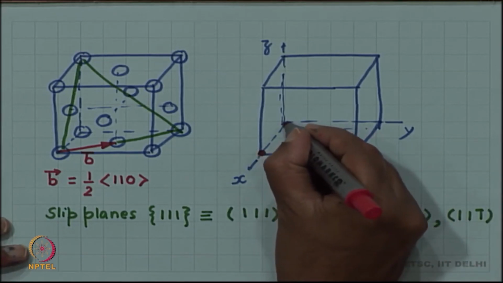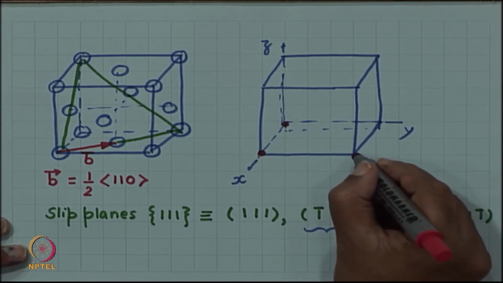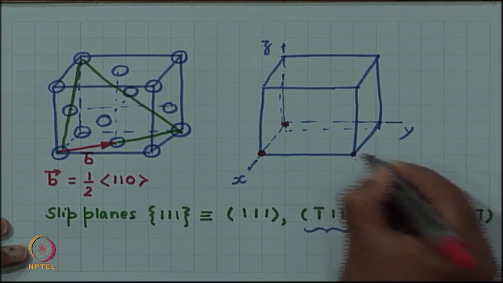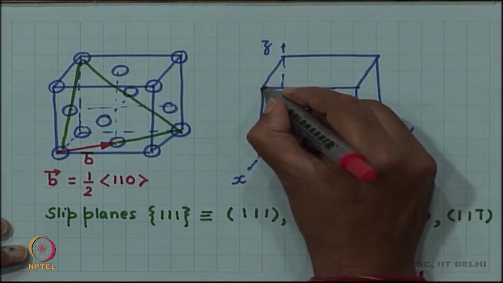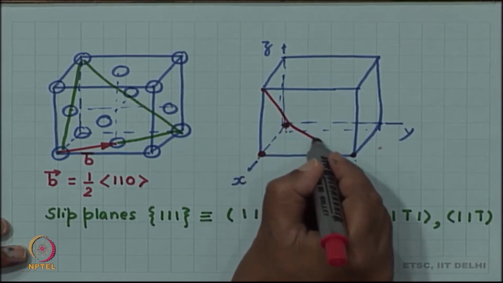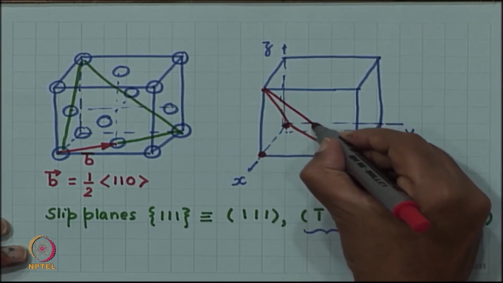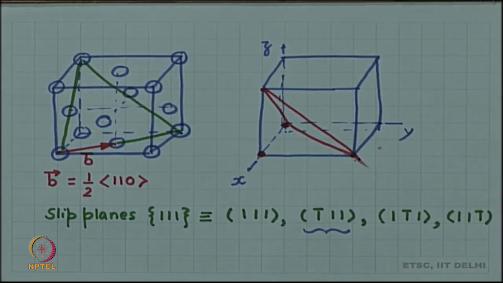Minus 1 in the x axis, so one intersection is there, 1 in the y axis and 1 in the z axis. So, I have a plane like this.